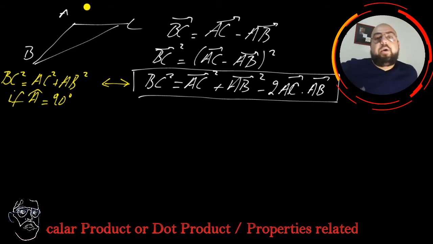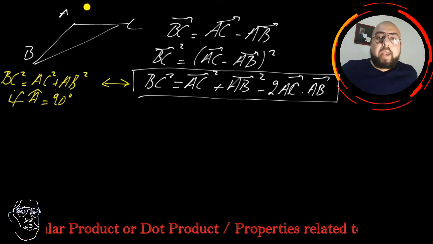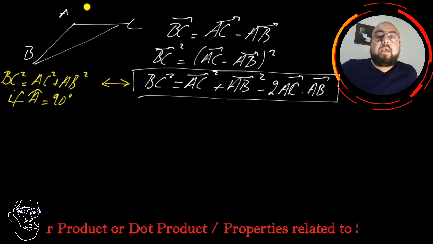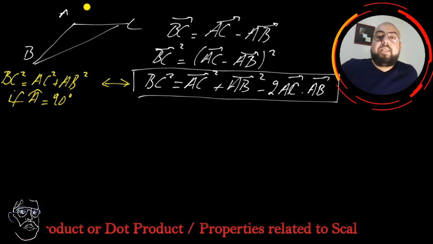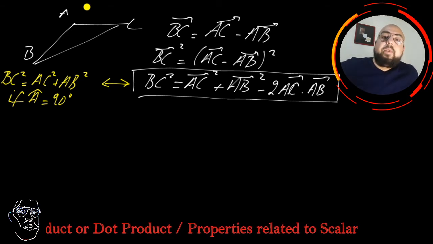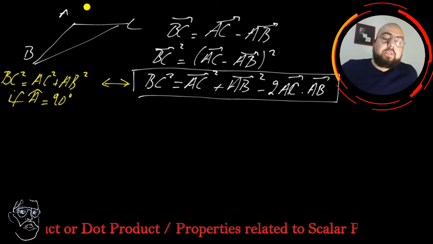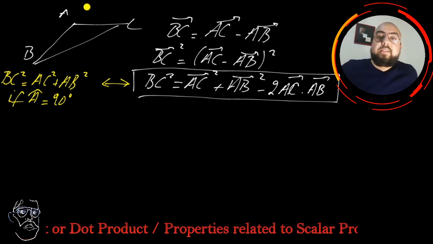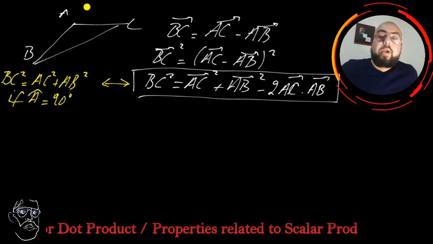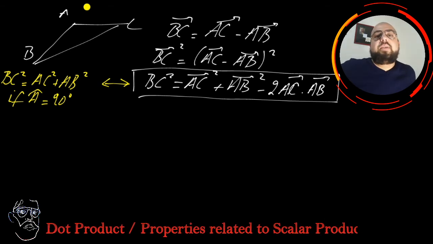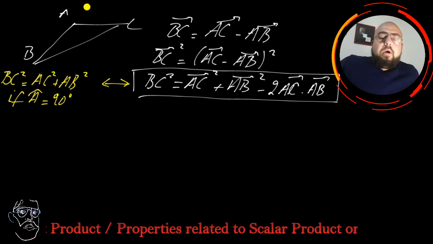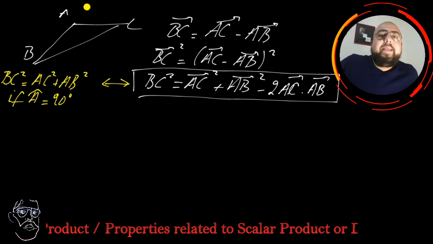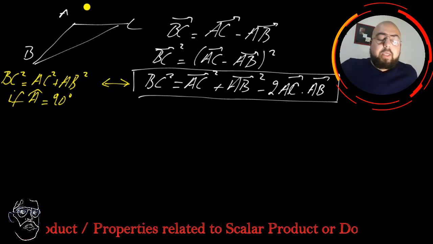Let's say you have a random triangle and you are willing to find a certain side of this triangle, which is unknown. In this case it's BC. You can use this generalized form of Pythagoras theorem. BC squared is equal to AC squared plus AB squared minus 2 times AC scalar AB. Of course, you can replace AC scalar AB by AC times AB times cosine of the angle between AB and AC.